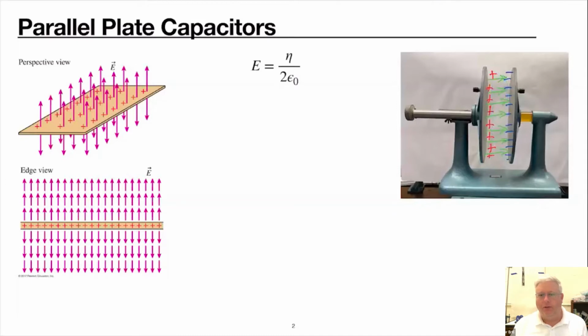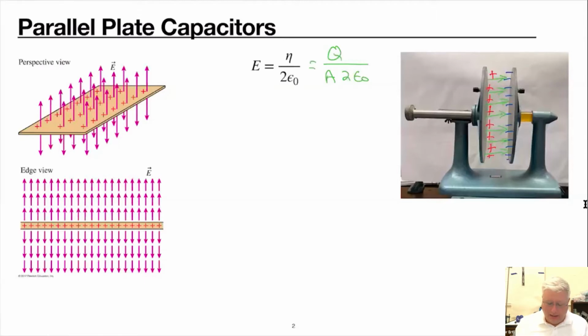We learned that the electric field of one electrode, one infinite plate of charge, is eta over 2 epsilon naught, where eta was charge per area. So we could say charge per area over 2 epsilon naught. But we have two electrodes here, two parallel plates.